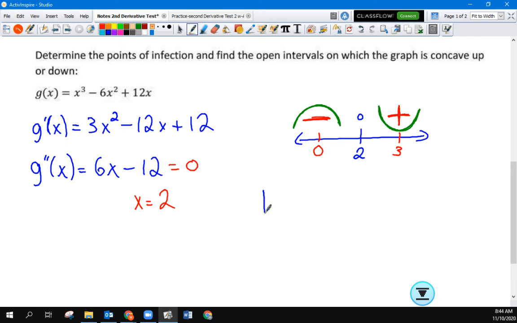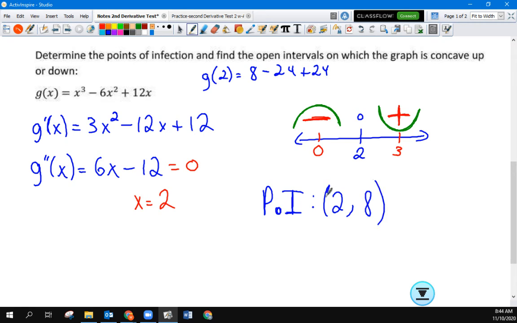So I always write it as POI, or point of inflection, with a capital P, capital I with a lowercase o. And our point of inflection is at 2, and since we need our y value, we find g at 2. And when you plug it in, you get 8 minus 24 plus 24, so 2, 8. That is our point of inflection at 2, 8.